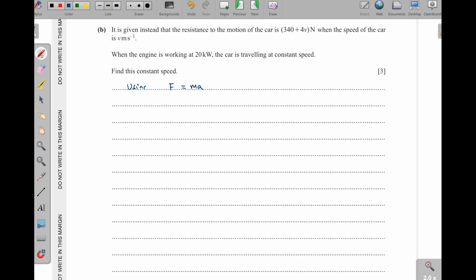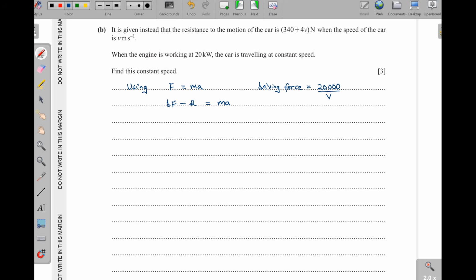Now, again using our F equals MA, we shall have the driving force, let me just write driving force, is equal to the power, which is 20,000, then divided by the speed. So that driving force minus the resistance is equal to MA.